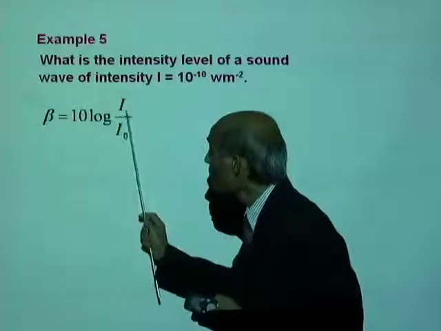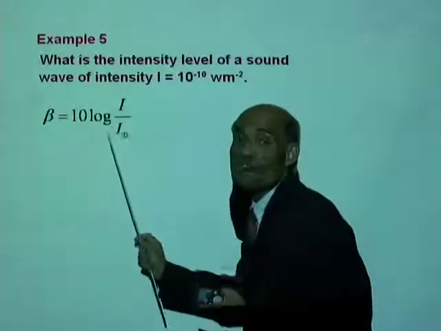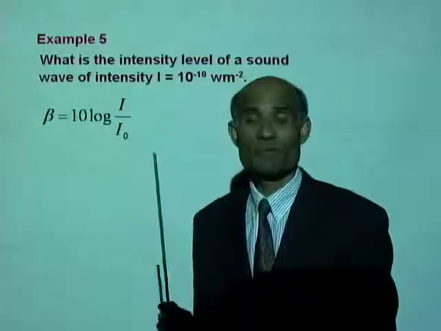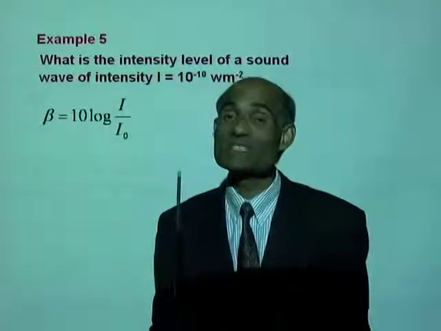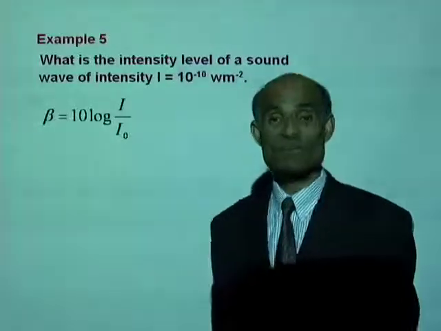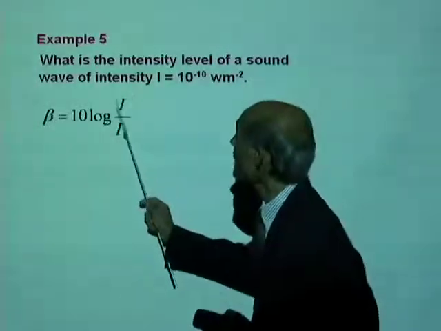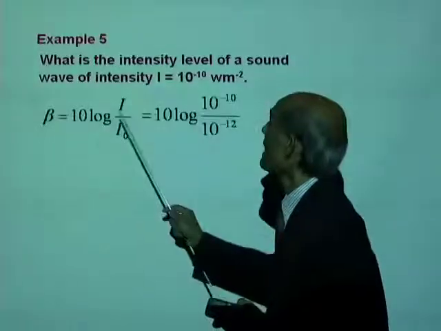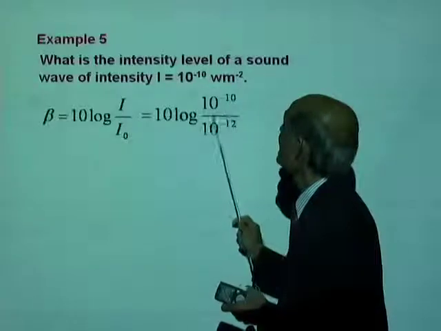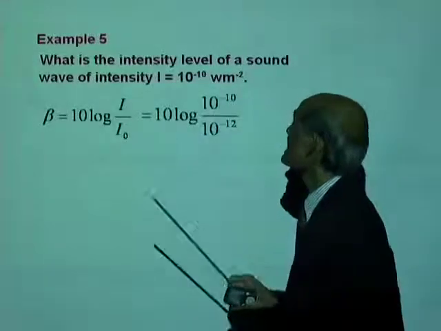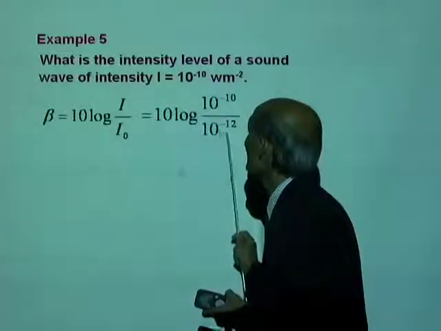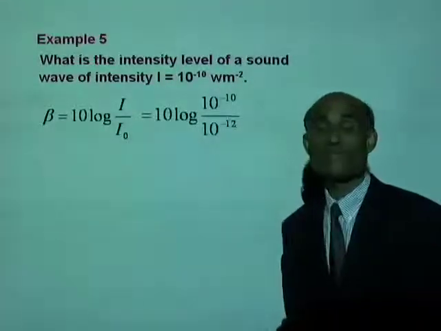You have the value of I, and you know the value of I0, don't you? I gave it to you. What is the value of I0? It is 10 to the power of negative 12 watt per meter square. So use the values of I and I0. That will be 10 log, I is 10 to the negative 10, I0 is 10 to the negative 12. Now what is 10 to the negative 10 divided by 10 to the power of negative 12?